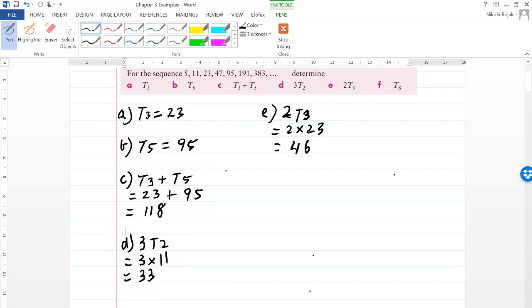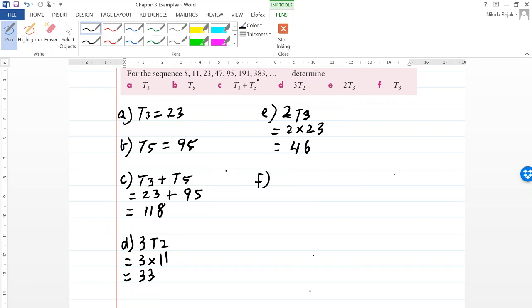Question F. Determine T8. Okay, so we need to figure out what term 8 is. How many terms do we have at the moment? That's term 1, term 2, term 3, term 4, term 5, term 6, term 7. So we know what term 7 is, and if we continue the pattern, then we can figure out what term 8 is. I told you previously that to get the next term in this particular sequence, you double the current term and you add 1.